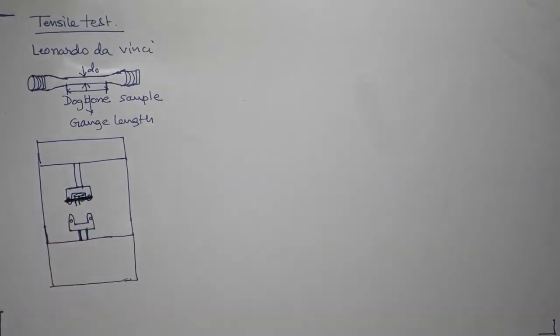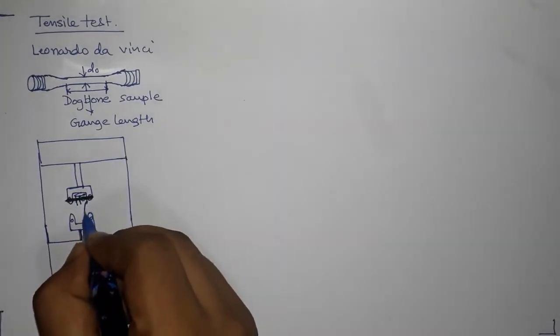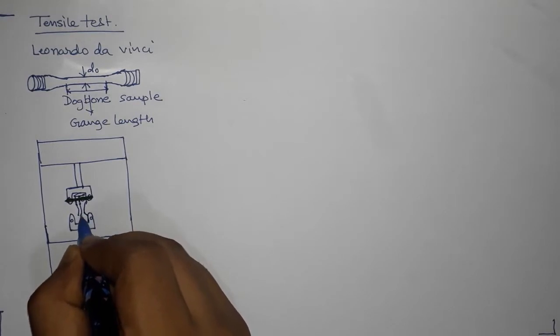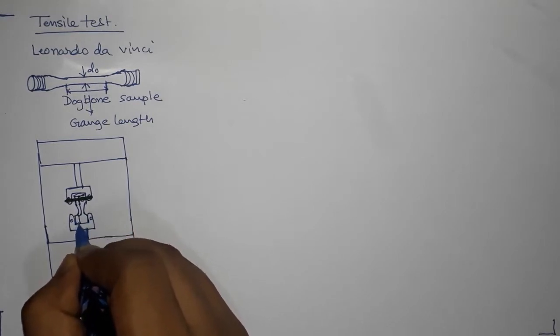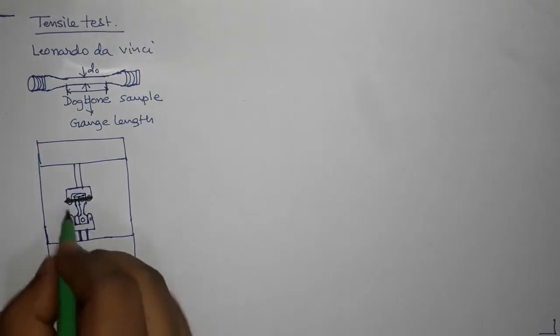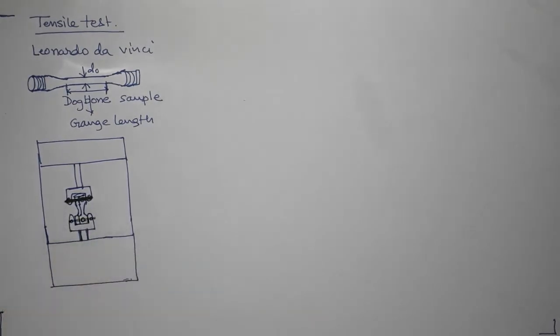This will be the pin, and then you will have the gauge length part, and then again a hole, and the pin will fix the lower end also, right?